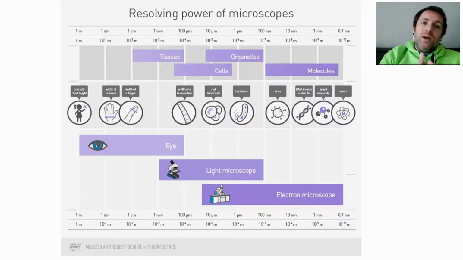Okay, so the wavelength of your light or your particle will actually dictate the resolving power of your microscope, so how small a sample you're able to elucidate and observe. Because we know the wavelength of light is between 400 and 700 nanometers, or 0.0007 millimeters, we know that we can't resolve below that.